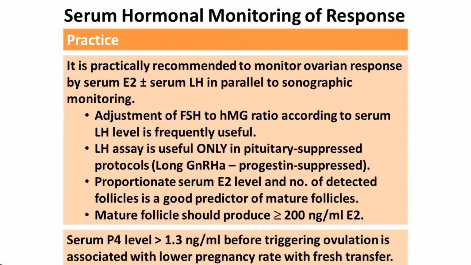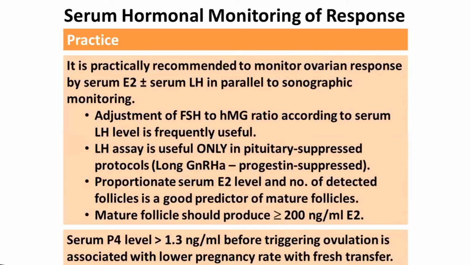Again, serum progesterone level is not recommended by the ICSI guidelines to be monitored, but we have some sparse evidence and practical experience that serum progesterone levels above 1.3 nanogram per milliliter on the day of trigger, before you give the triggering agent, are associated with lower pregnancy rate if you are intending to do fresh transfer.